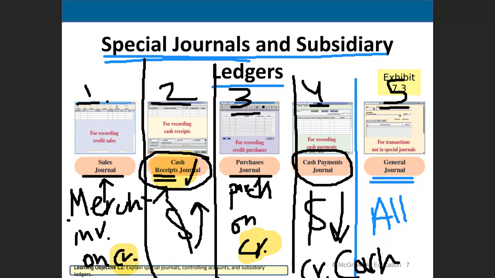Since the owner invested cash, it means that the company received cash, so it should be in cash receipts journal. Sales of merchandise on credit. Exactly, 1, which is sales journal.